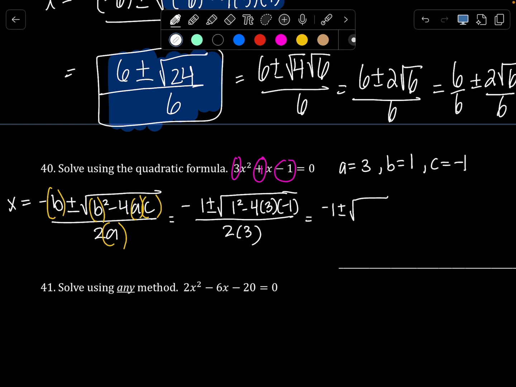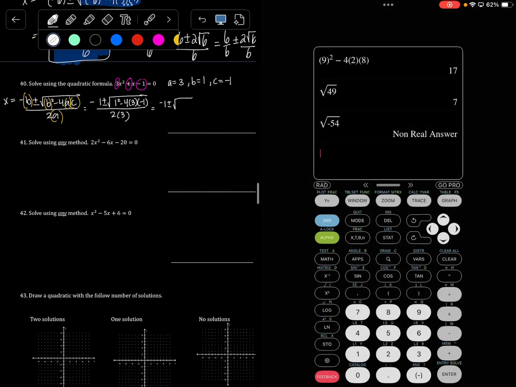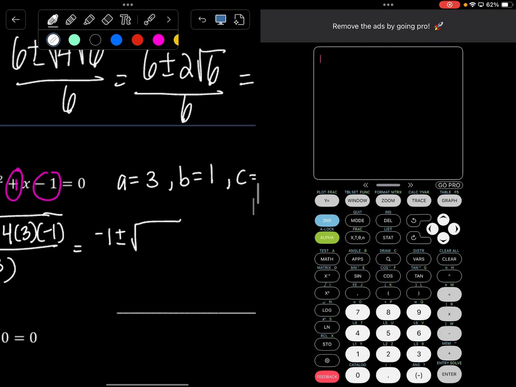1 squared. And here, do you guys want me to use my calculator? Split view. All right, so I'm going to zoom in.